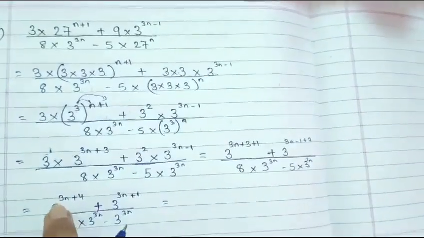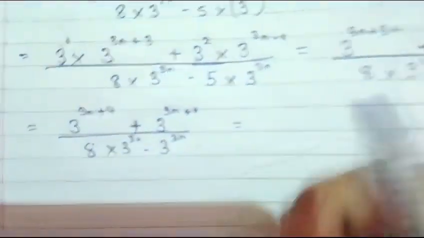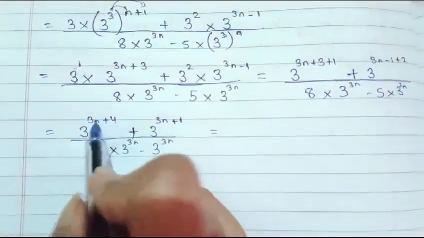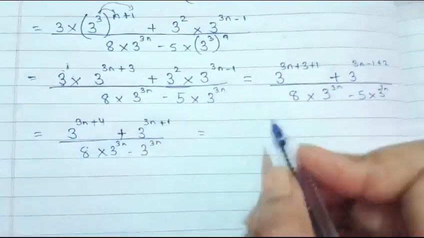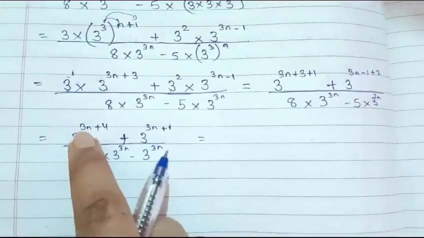Now you see, you have this value, you see it carefully, I'm zooming it a bit. You have this entire value 3 raised to the power 3n plus 4.